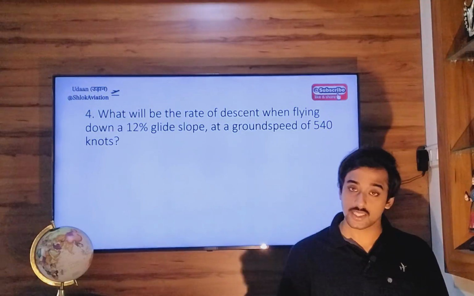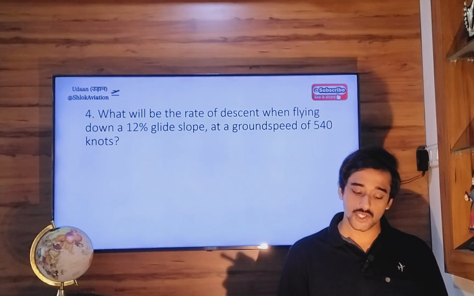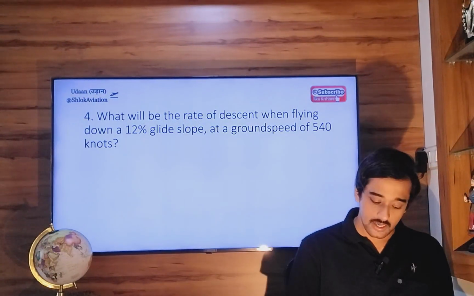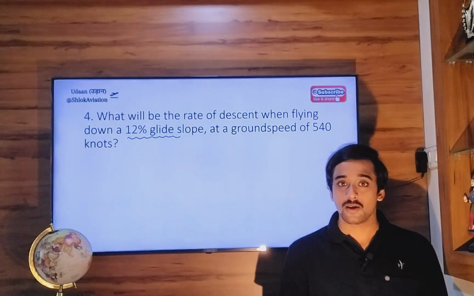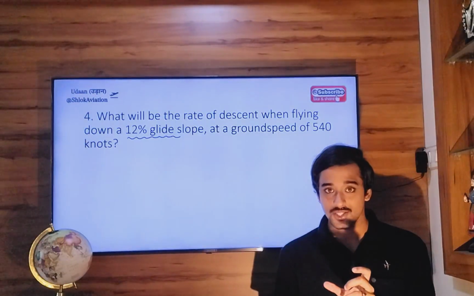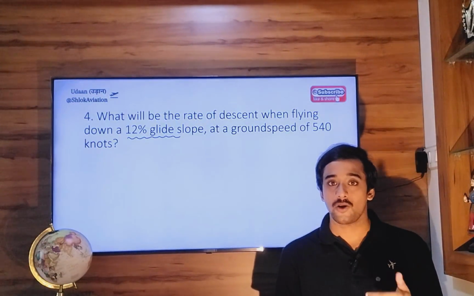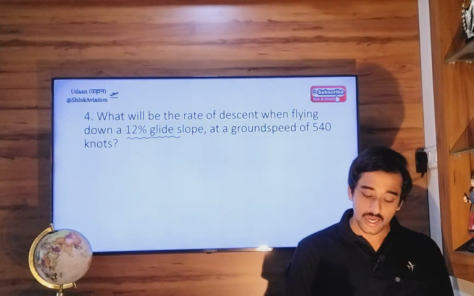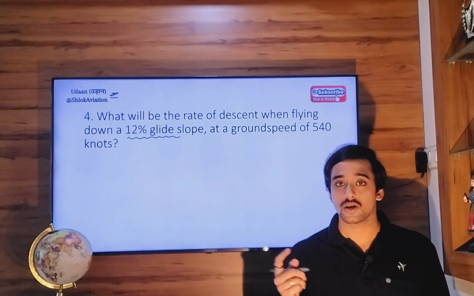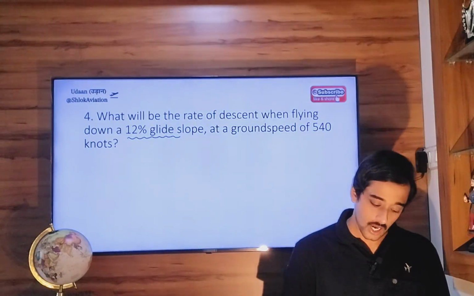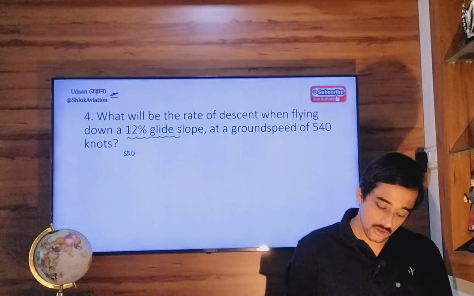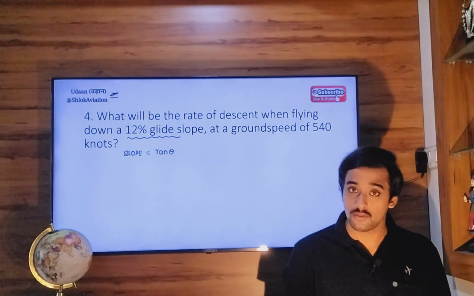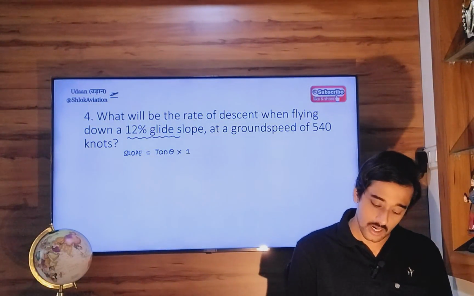What will be the rate of descent when flying down a 12% glide slope at a speed of 540 knots? Now, usually glide slopes are measured in terms of angular degrees. It can also be expressed in the form of percentage slope. So we can convert this 12% glide slope into the corresponding angular measurement. How? Slope equals tan theta, where theta is the angular measurement, multiplied by 100.